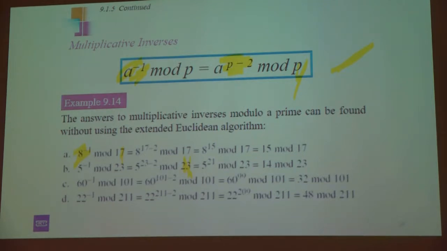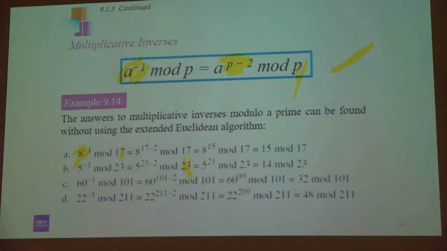So it equals 5 to the power 23 minus 2, which is 5 to the power 21, mod 23, which is 14. That means the multiplicative inverse of 5 modulo 23 is 14.